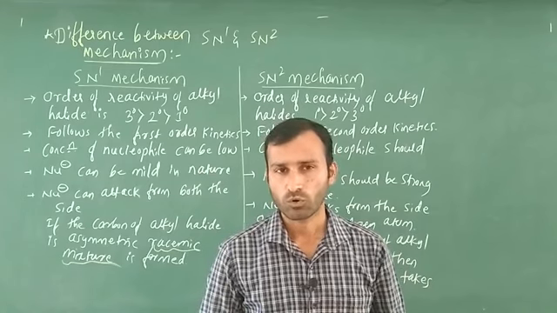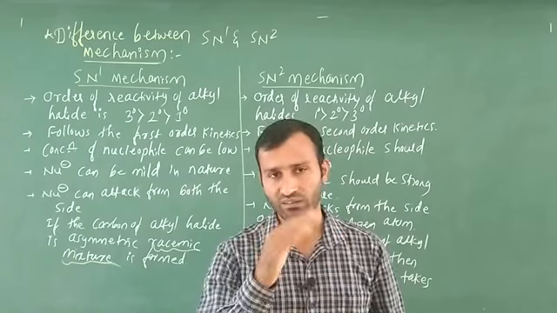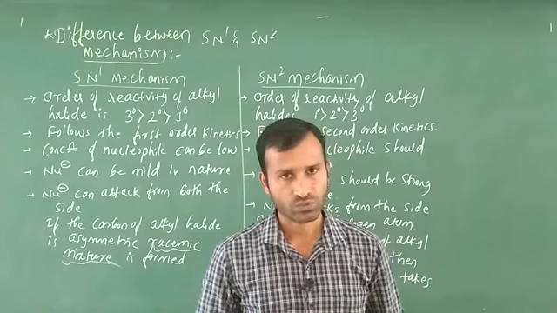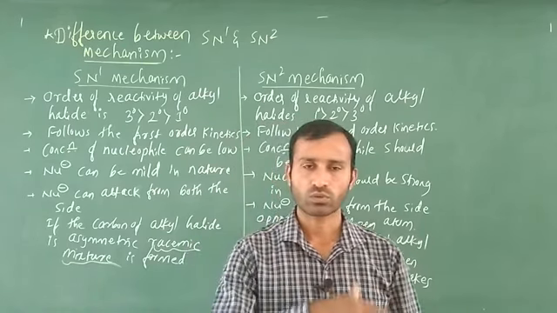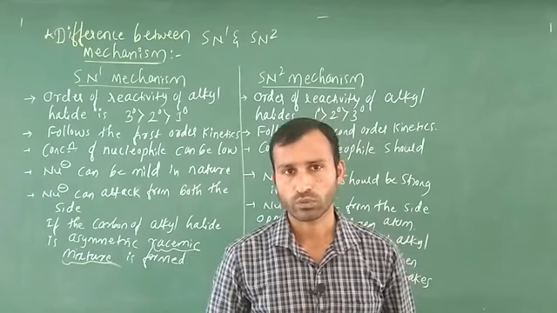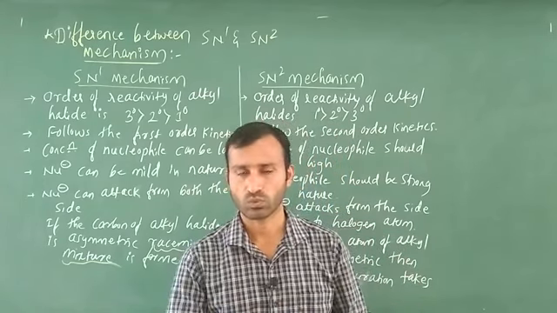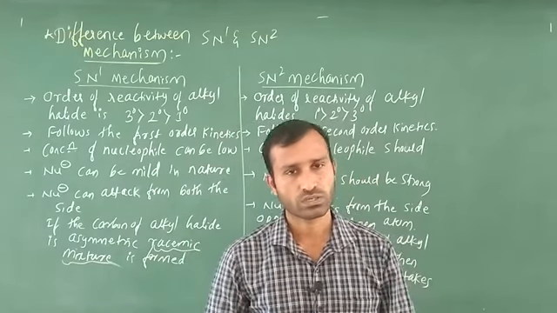If the plane of the polarized light starts rotating to the right side, that is called dextrorotatory, indicated by positive. If the plane of the polarized light starts rotating to the left, that indicates levorotatory, represented by small l, or negative. Levorotatory is negative, dextrorotatory is positive.